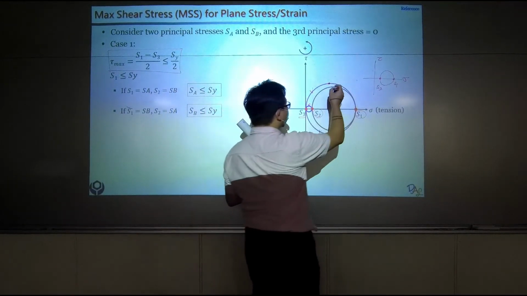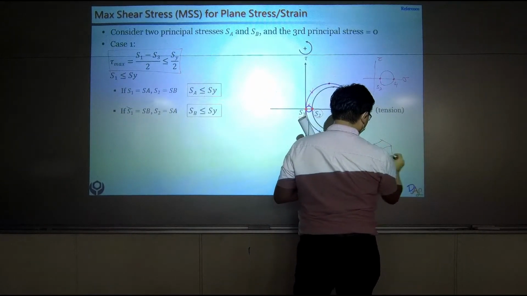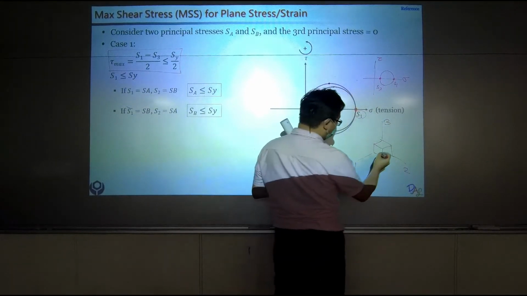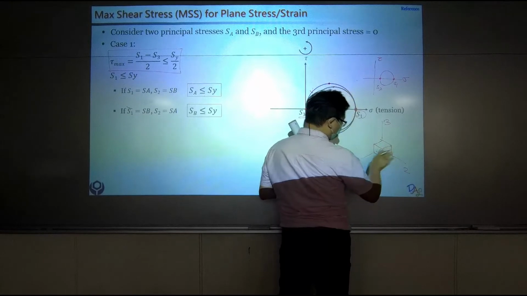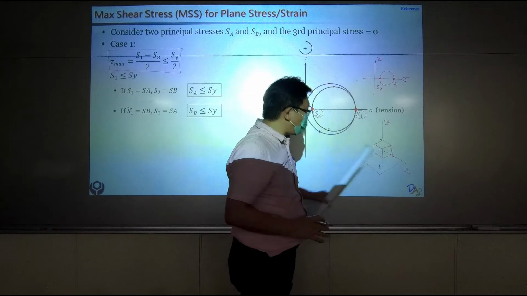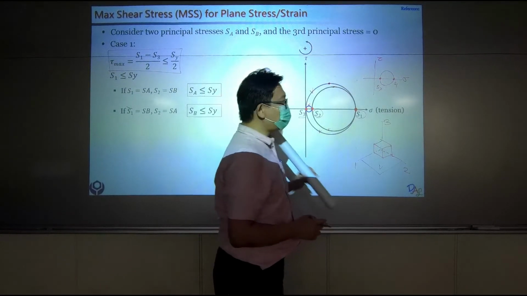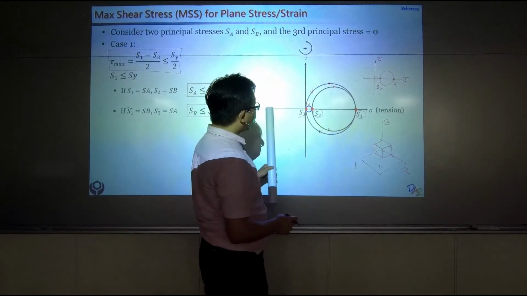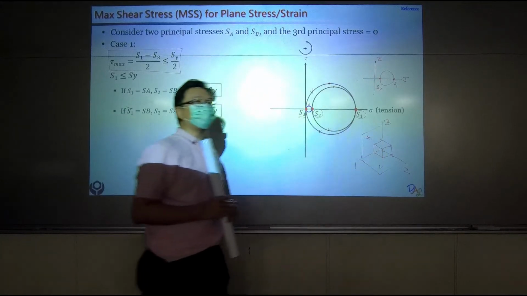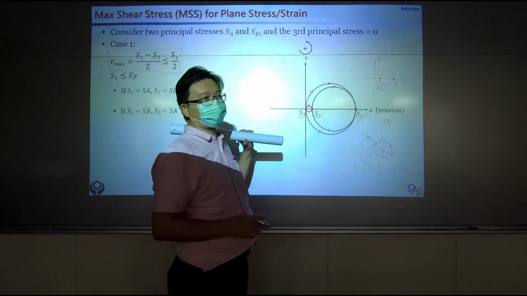If you only focus on the 1-2 plane, for example, this is the material we are talking about, and this is 1, 2, and 3, then it's like we're staying on this plane. We only study this 1 and 2 plane. But in fact, even though it's a 2D problem, on the 1 and 3 plane there is greater shear stress.